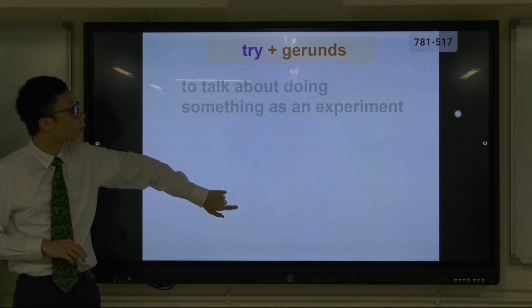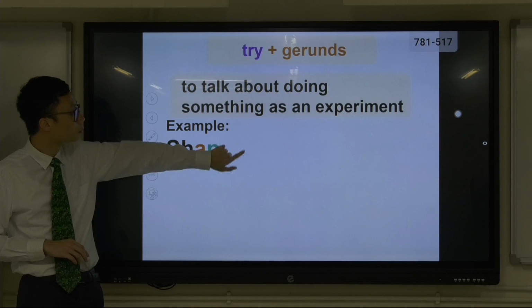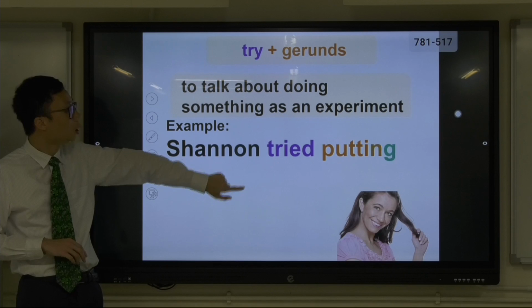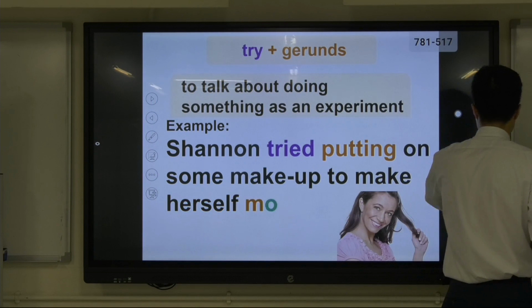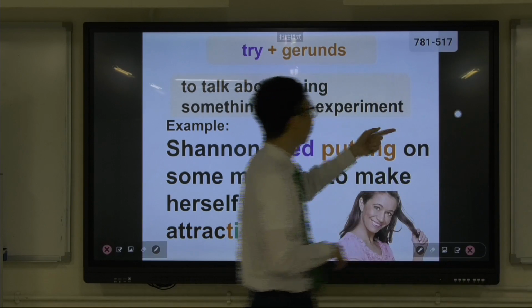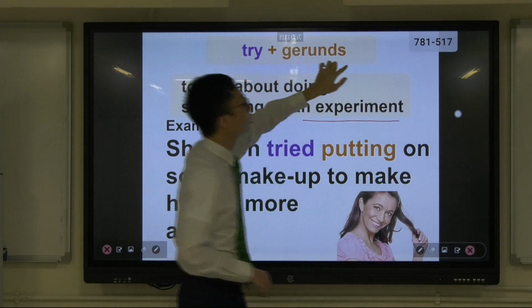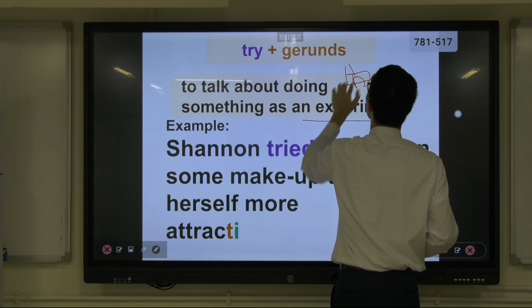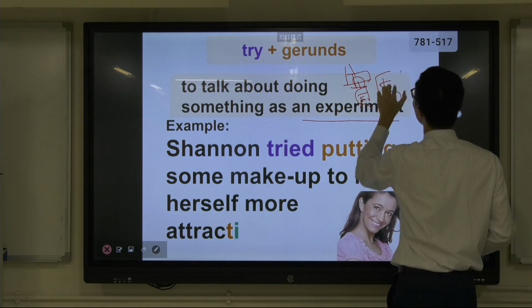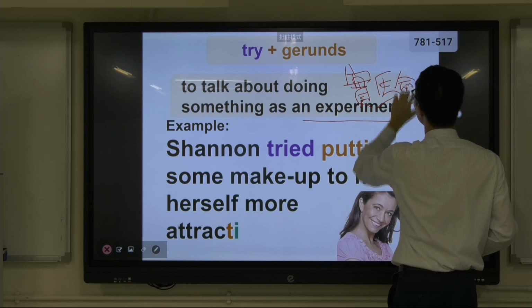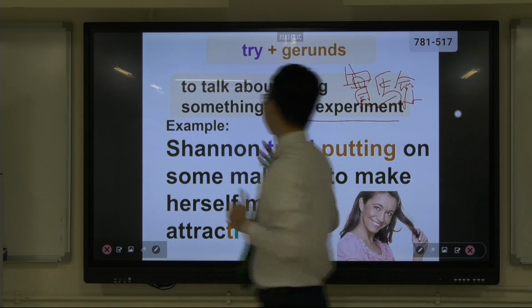Okay, now we look at the different one. Try and gerund. The word experiment should come in handy in your IS class, and it means a test. So you talk about something done as an experiment.